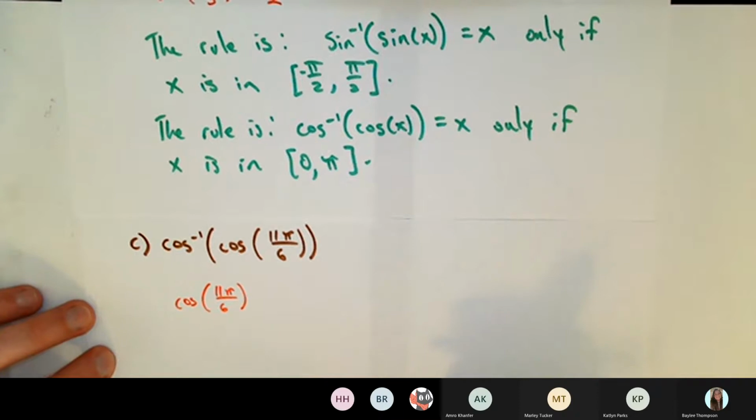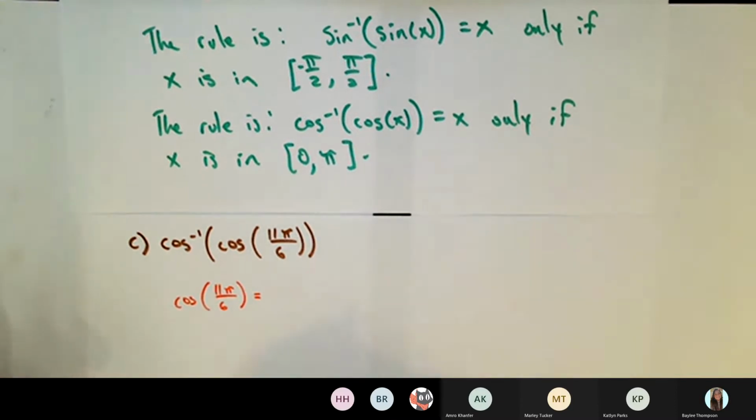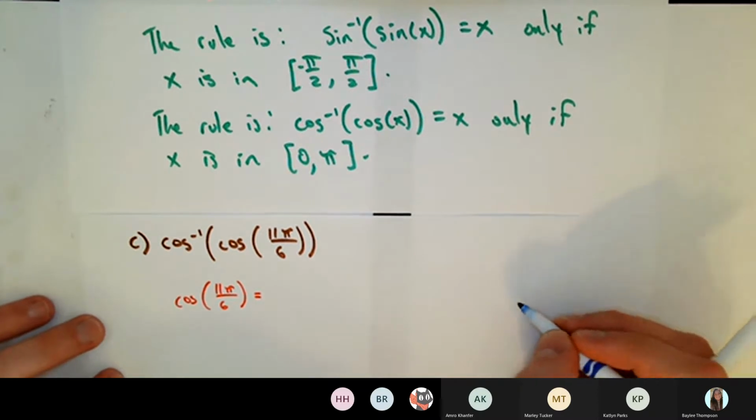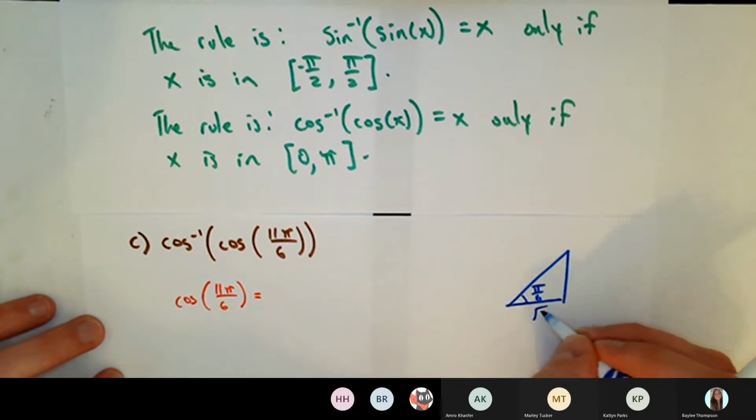So looking at my unit circle, I'm looking for the x value at the angle 11 pi on 6. I just need to draw the angle, so it's a pi on 6 thing, and if it's pi on 6, then the long side is on the bottom.